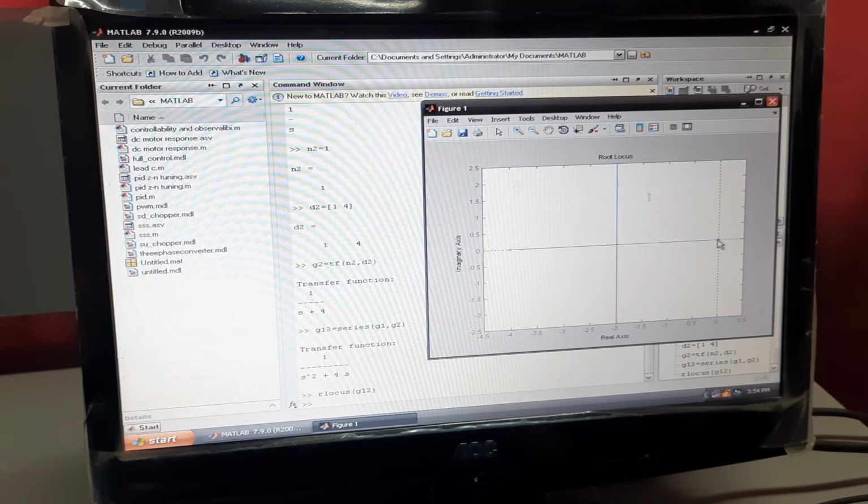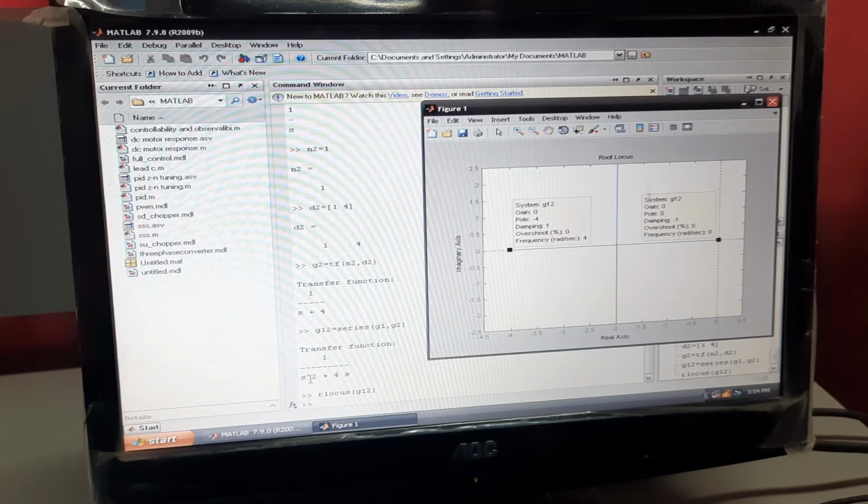If I drag it, you see this is the position 0, the gain 0, pole 0. Another pole is at S equals to minus 4. It is from the second one, S into S plus 4. So S equals 0, and another one, S plus 4 equals 0, or S equals to minus 4.